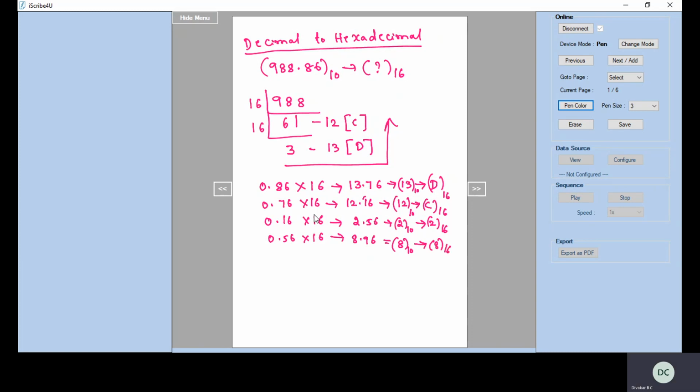So therefore, the equivalent for 988.86 to the base 10 is equal to 3DC point DC28. For the fractional part, you are going to trace in the forward direction. The equivalent is to the base 16.